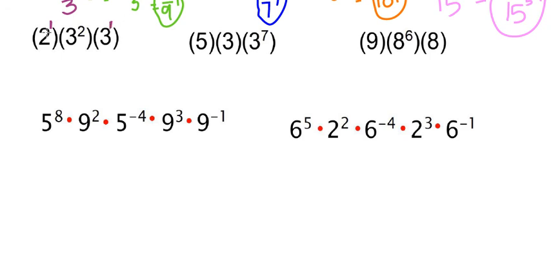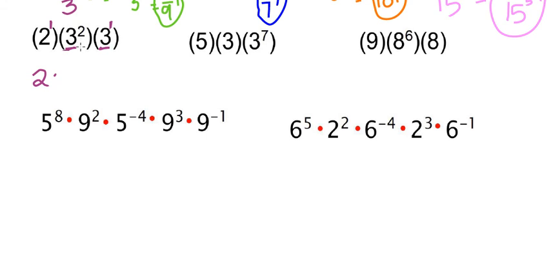So again, this 2 is the only thing that has a base of 2. There's nothing I'm going to be able to do with it. So in my answer, I'm going to have the base of 2, and that's just as it is. It's to the power of 1, but we don't write that. But now I am able to take my 3 squared and my 3 to the first power, and I can combine those into one base.